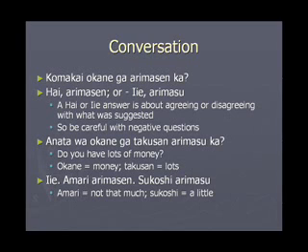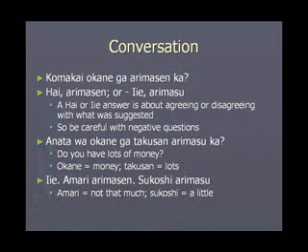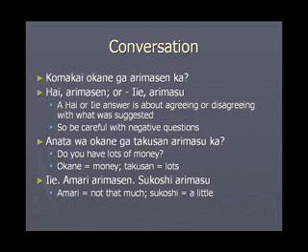If you disagree with that, that is komakai okane ga arimasu, then you have to say iie arimasu. So the way of answering with a hai or iie is to first take the basic statement embedded in the question and say whether you agree or not, and then the next word follows in line with your agreement or disagreement. So that's how you have to use it.